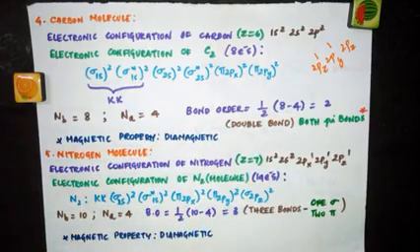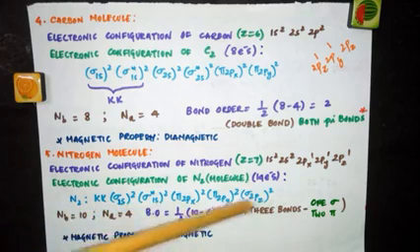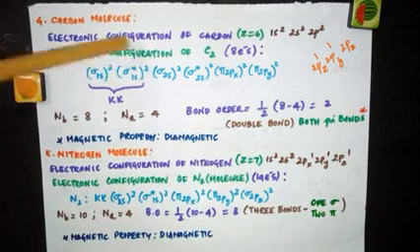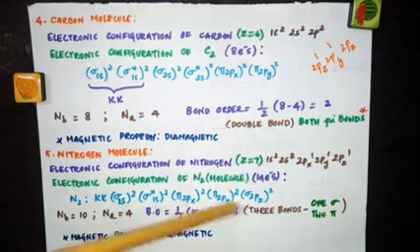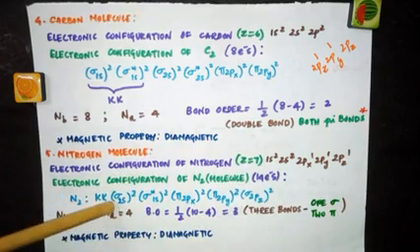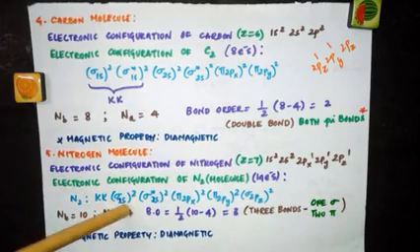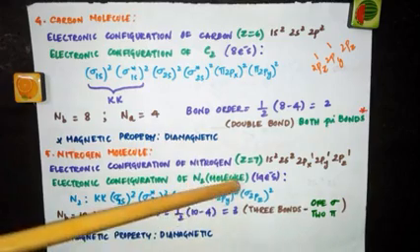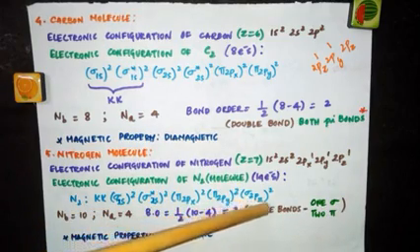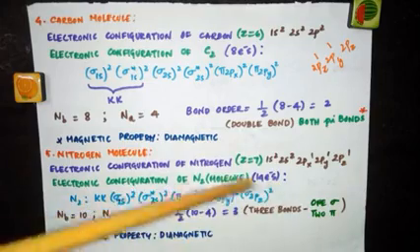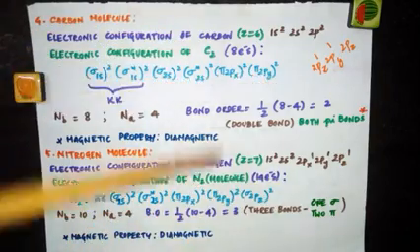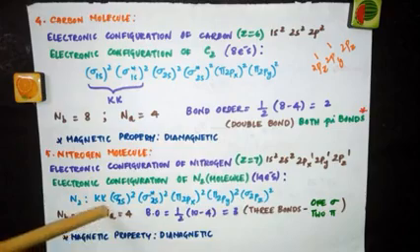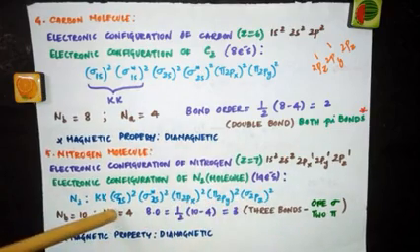How will we fill these 14 electrons in the molecular orbitals? 4 electrons go in KK, and you have to fill the remaining 10 electrons: sigma 2s 2 electrons, sigma star 2s 2 electrons, pi 2px 2 electrons, pi 2py 2 electrons, sigma 2pz 2 electrons. So this is the order for nitrogen, and for carbon also this is the order. But we have one more molecular orbital here because we have 2 electrons extra. So this is the electronic configuration of the N2 molecule.